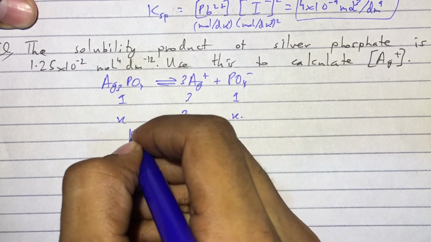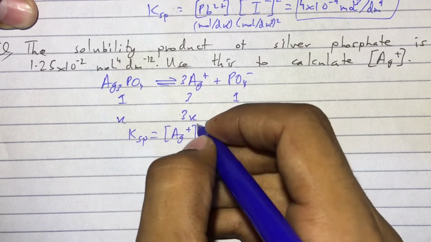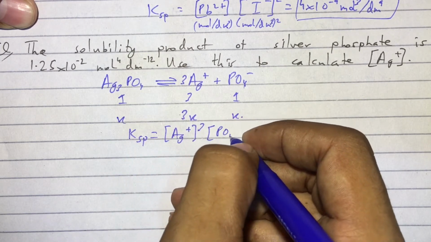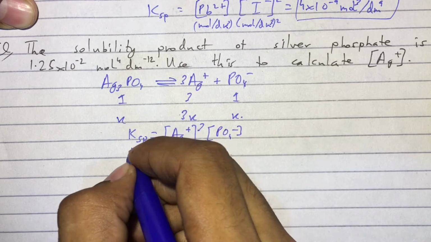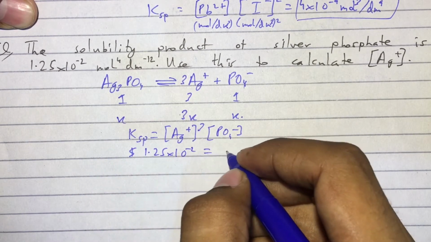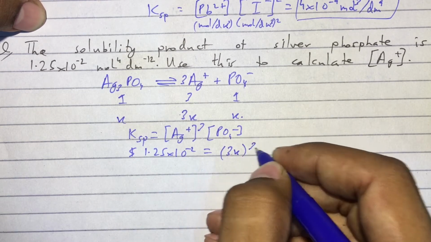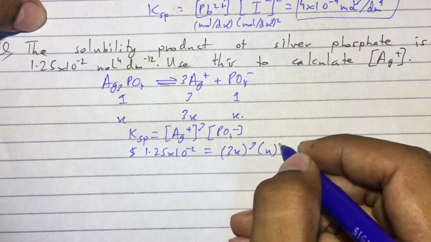So Ksp value is basically the product of Ag+ whole cubed times PO4 3- concentration. So the value is 1.25 times 10 power negative 2 equals 3x whole cube times x.